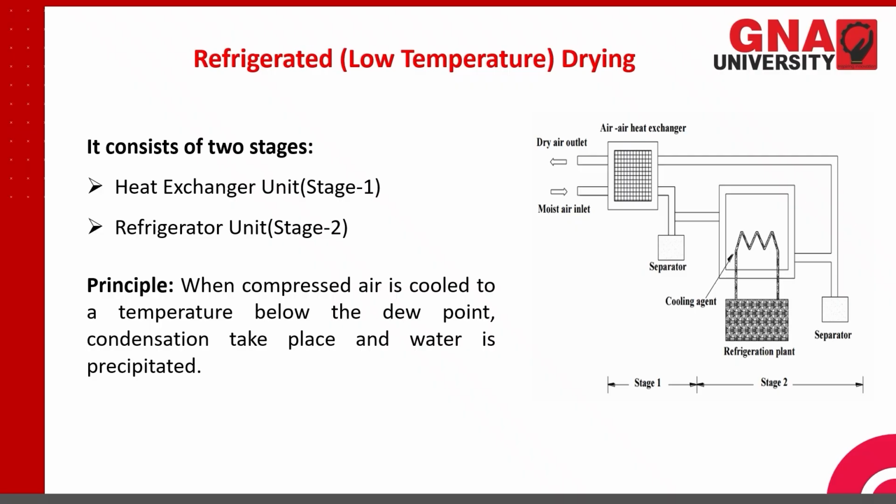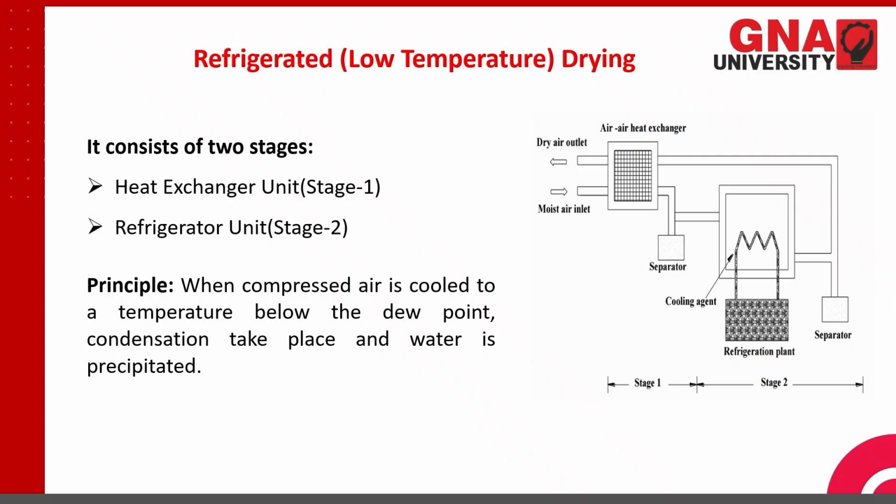The principle is that when compressed air is cooled down to a temperature below the dew point temperature, the water, the moisture present in the air, gets condensed and precipitated, and can be separated out from the air with the help of a separator. Now let's try to understand this construction.